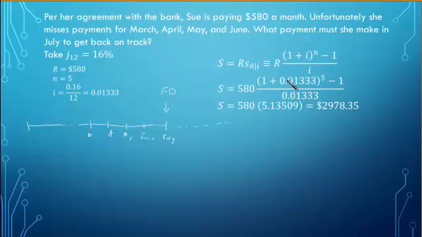And we simply plug it in here. At $1 per period, she would have to pay here $5.14 approximately. But it's 580 per period, so we simply multiply 580 by this. So what she has to pay is $2,978.35. So I hope this is becoming easy for you. This is not hard at all, and I hope you see it that way.